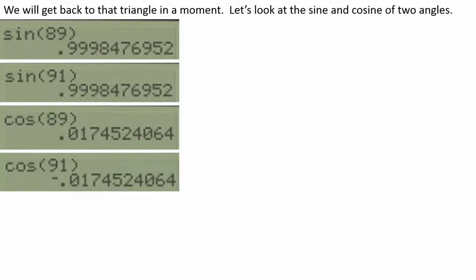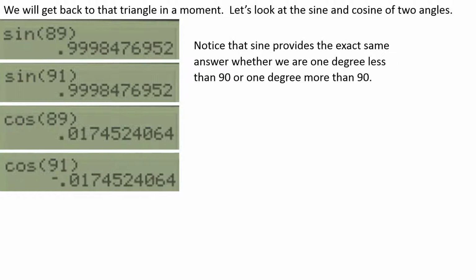That's the problem with the sine function. When we get close to 90 degrees, using the law of sines, we can't really tell if we're more than 90 or less than 90. Right?